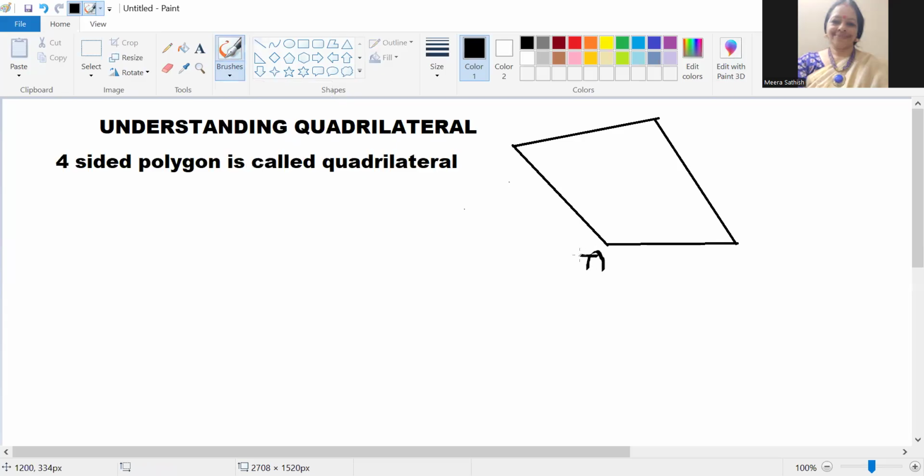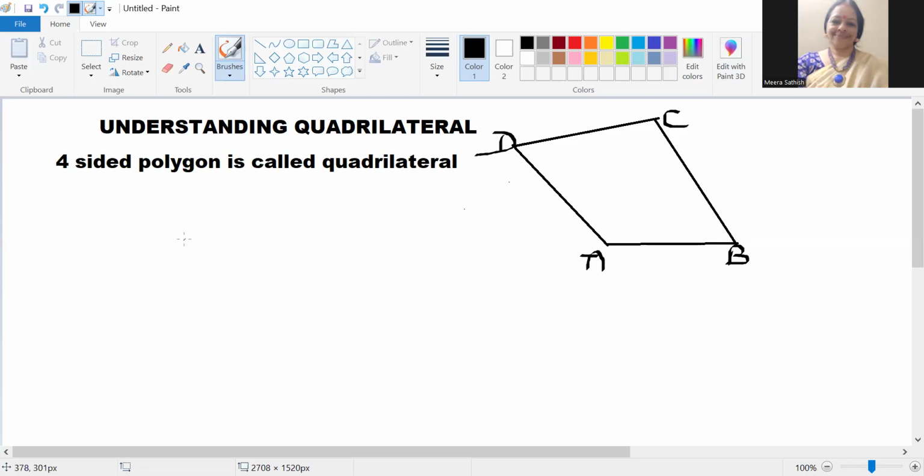There are square, rectangle, parallelogram, rhombus, trapezium, kite. So different types are there. In this chapter we are going to learn more about them. So a quadrilateral is a four-sided polygon.